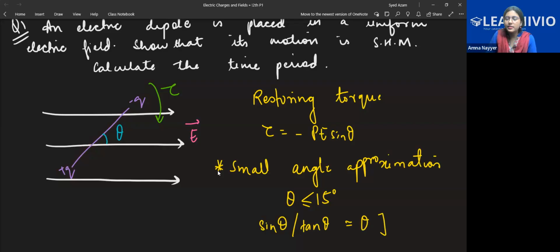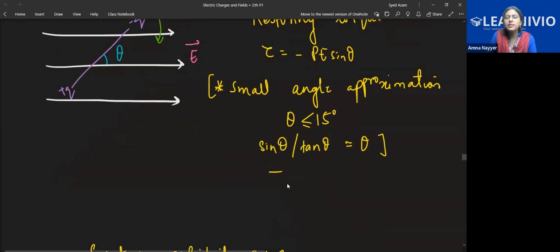This is the condition. So if this angle follows the small angle approximation, we can say torque is equal to minus PE theta. This is equivalent to the equation minus K theta.